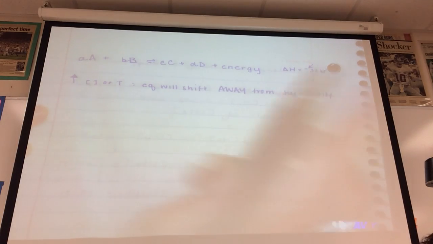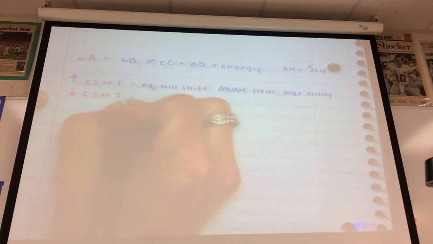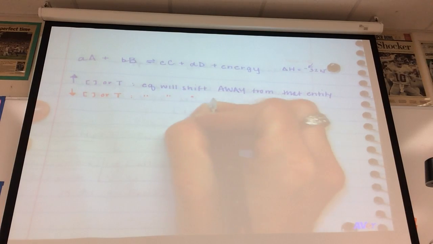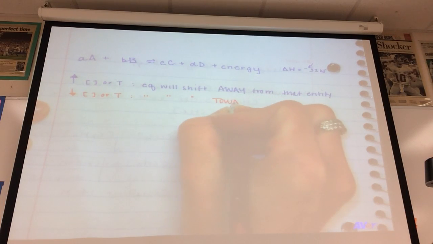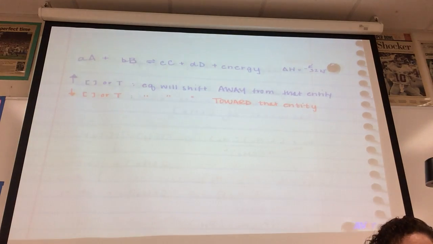If you decrease concentration or temperature, equilibrium will shift toward that entity. And I'll explain all of it.